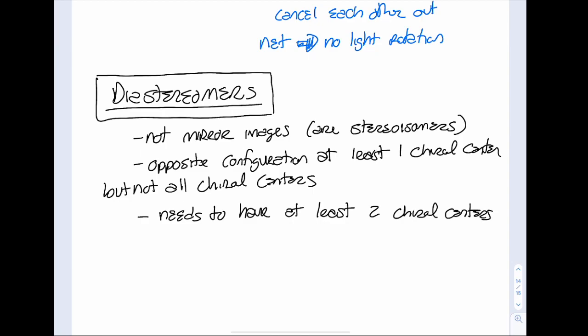Right? There's no way to achieve that sentence right above it if I don't have at least two. I can't be the same at one chiral center and opposite at another chiral center if I only have one chiral center. So I need to have at least two chiral centers to have a pair of diastereomers.